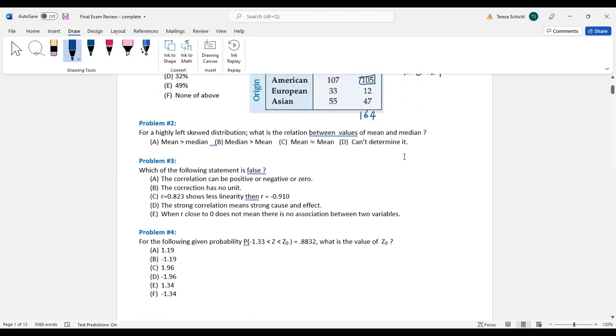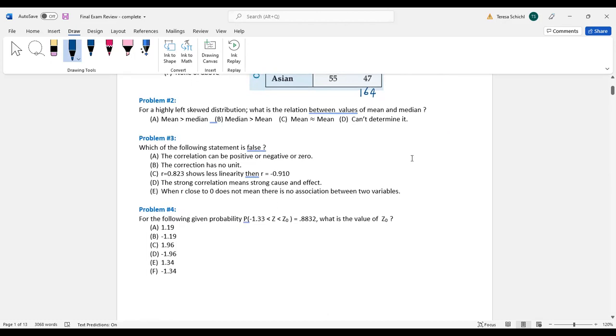All right, now let's take a look at the second problem. For a highly left-skewed distribution, what is the relation between the values of the mean and the median? We know the left skew and the right skew. The difference depends on where the tail of your distribution is.